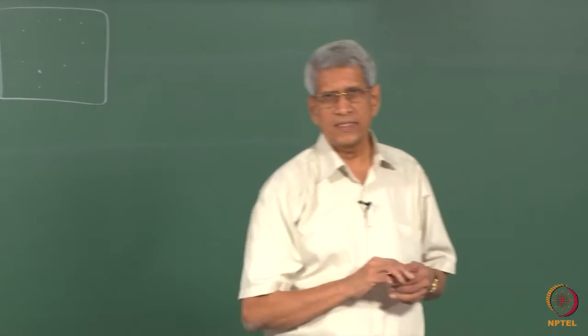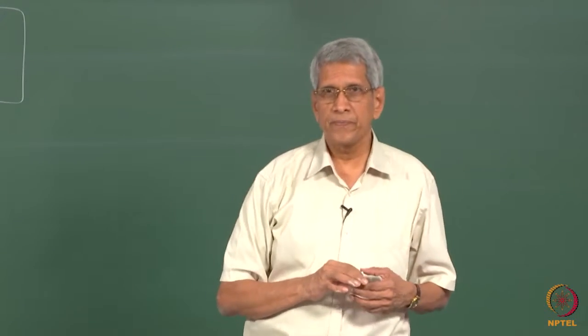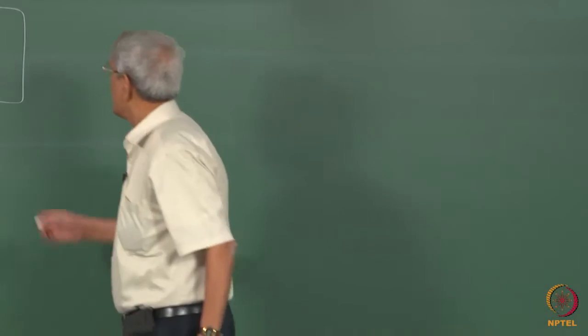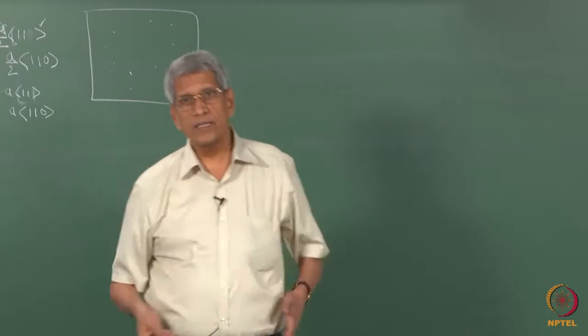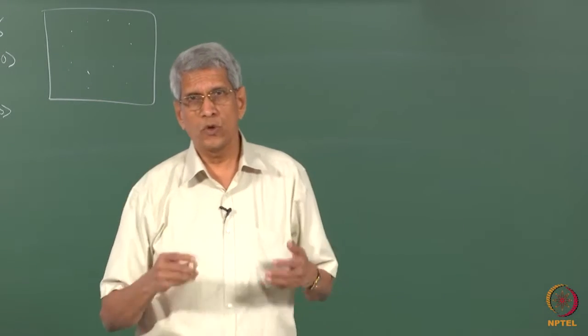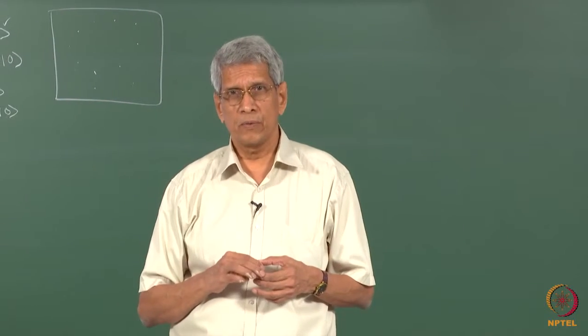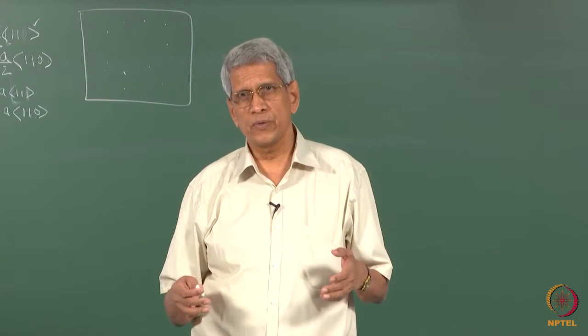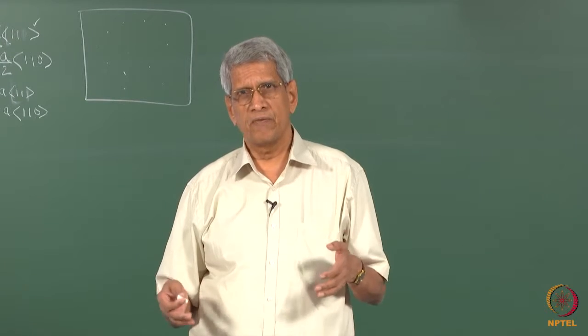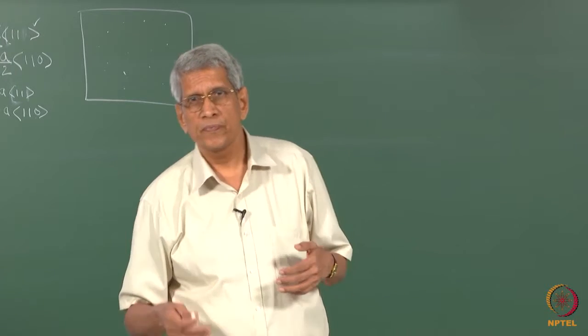If you consider a lattice with this Burgers vector, the self energy of the dislocation is going to be very high. Because of this, it would prefer to exist in a condition where the self energy could be reduced.